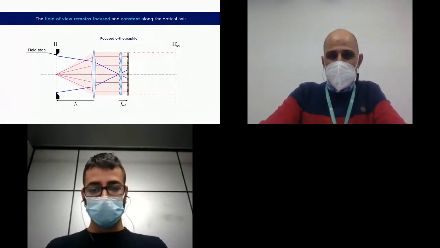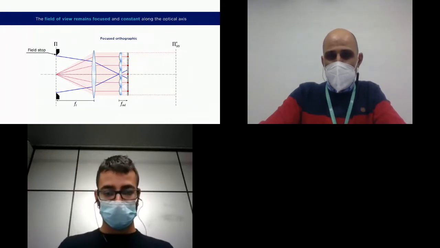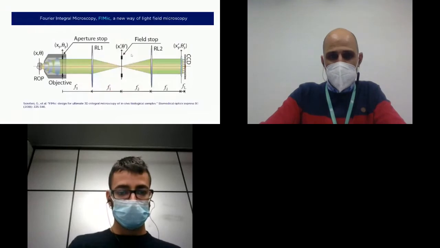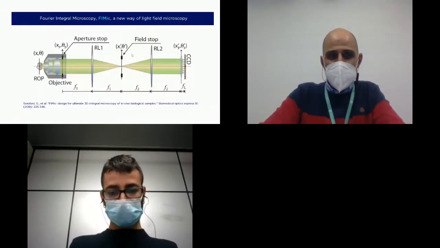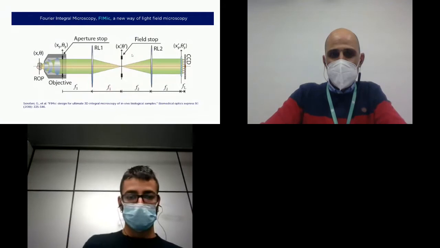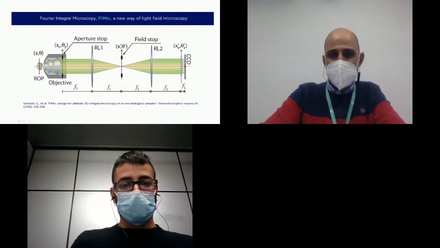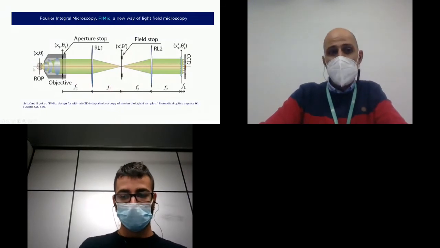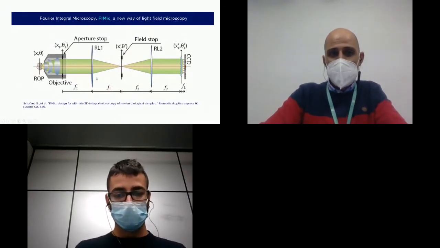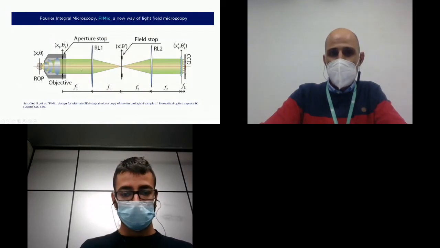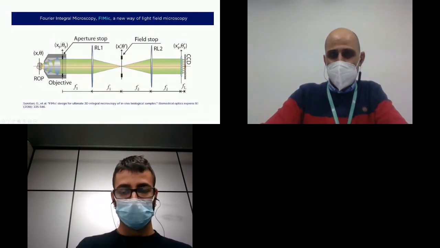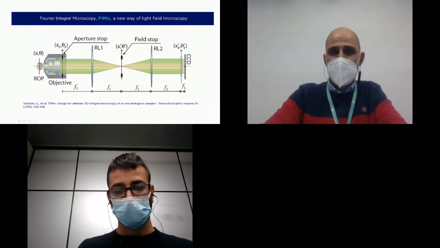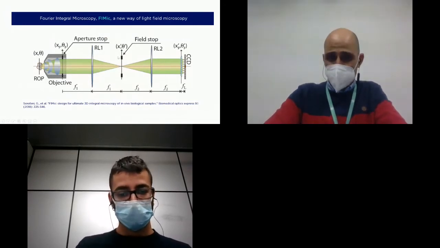This approach of light field was implemented by Gabriele Scrofani in this setup, in which they use as a main lens an objective lens, an aperture stop, and a microscope objective, relay lens.